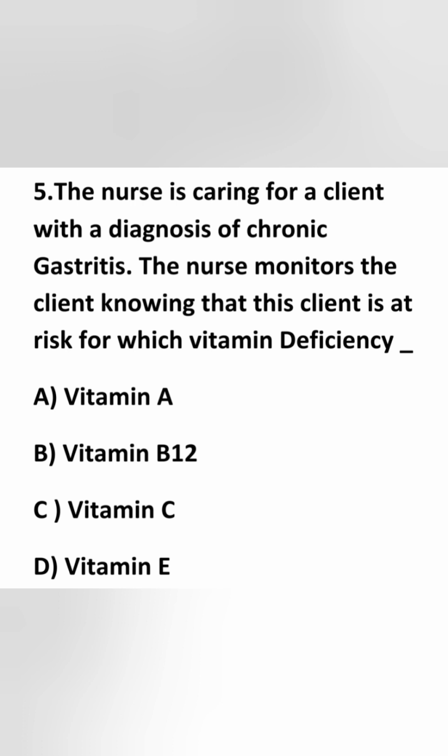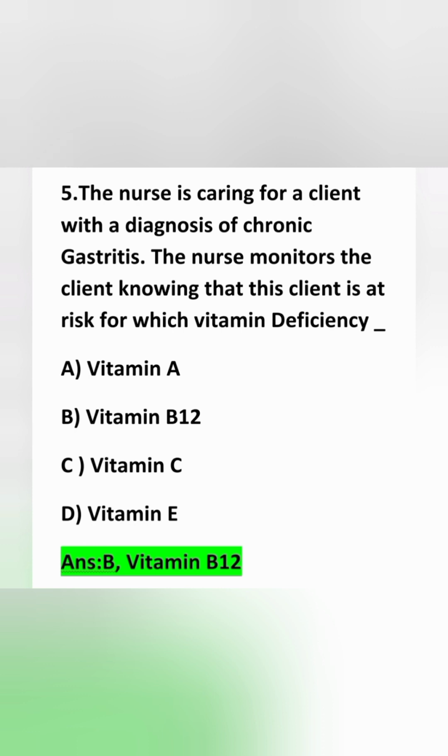So HCl production will decrease and intrinsic factor will also be lost, resulting in inability to absorb vitamin B12. Lack of vitamin B12 absorption leads to pernicious anemia. So a chronic gastritis patient may be deficient in vitamin B12. Option B is correct.